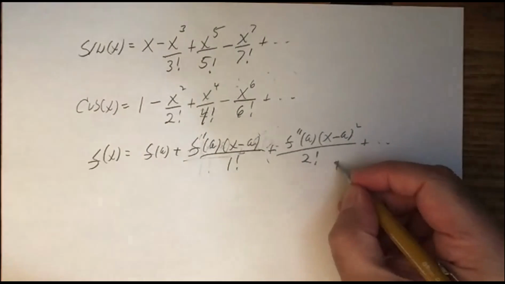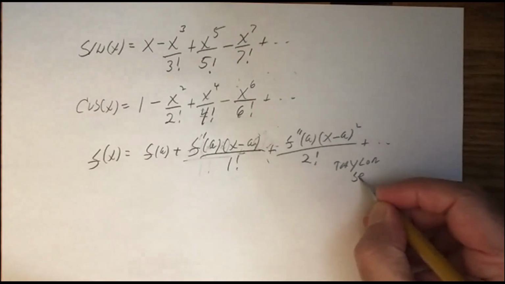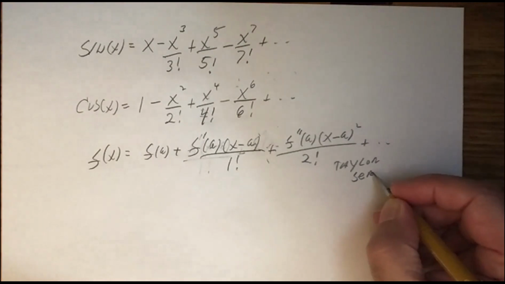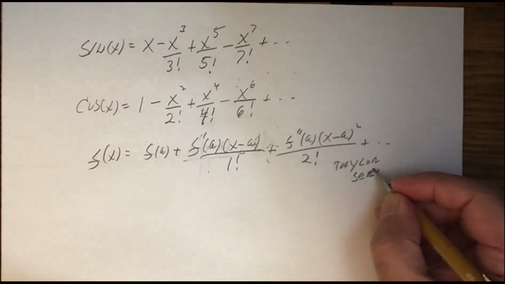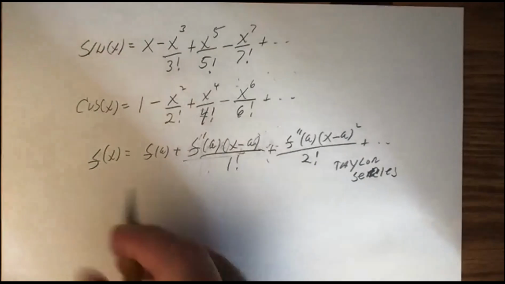This is what we refer to as the Taylor series. And the Maclaurin series would be when a is equal to 0.